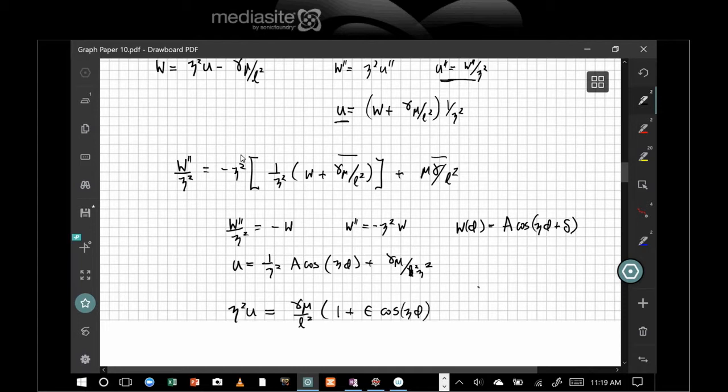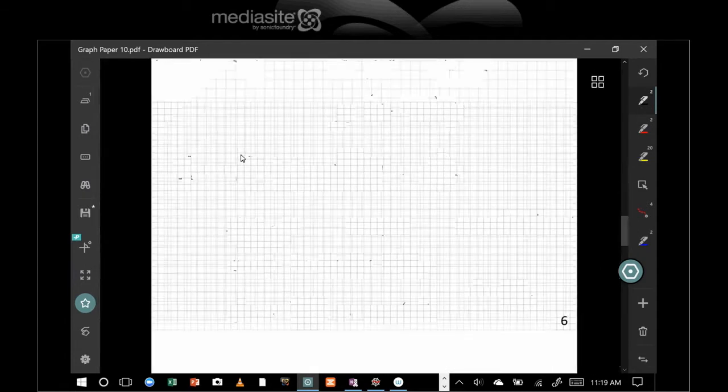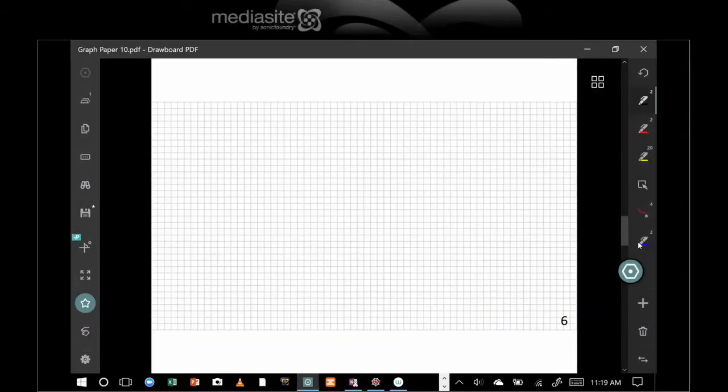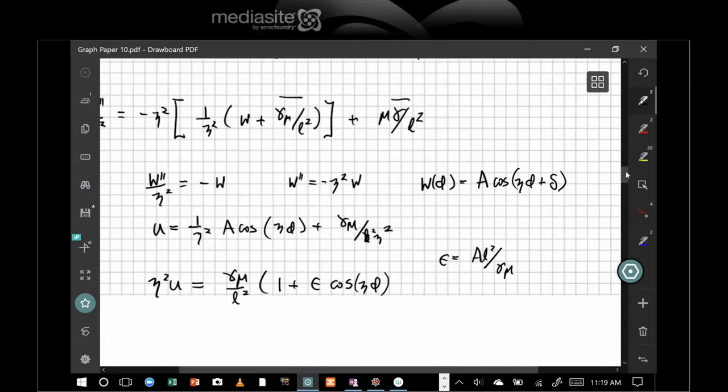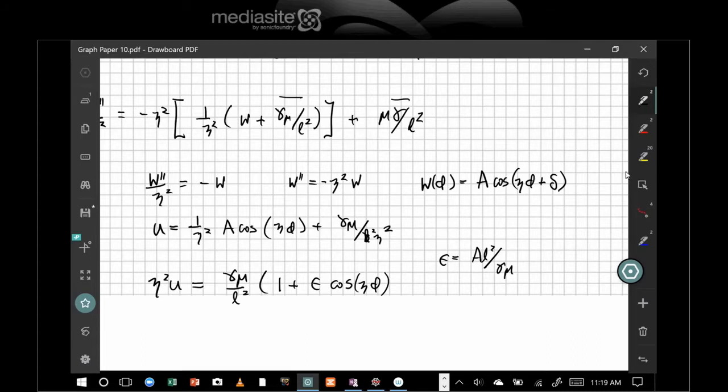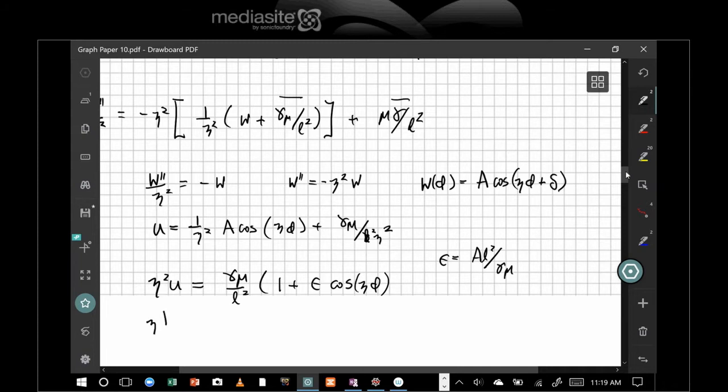Where the eccentricity, as we defined before, is just a constant, and it will depend on the total energy of the system. Now at this point, I can set u equal to 1 over r. So I get eta squared 1 over r is equal to this business here.